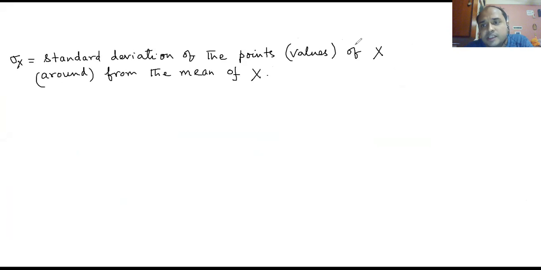The detail of this particular thing will be discussed by the other teacher. I'm not going into the details of that standard deviation discussion. I'm going to talk about only how the standard deviation is calculated.